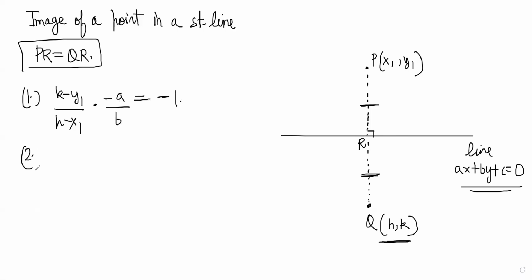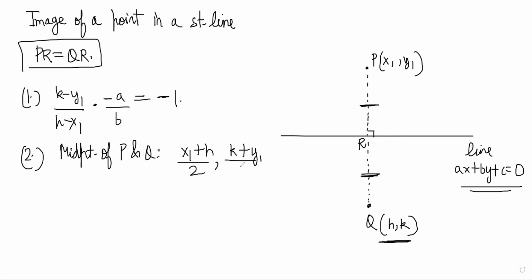That is the first result. And the second result is that the midpoint of P and Q, which is x1 plus h by 2, comma k plus y1 by 2, lies on the line.